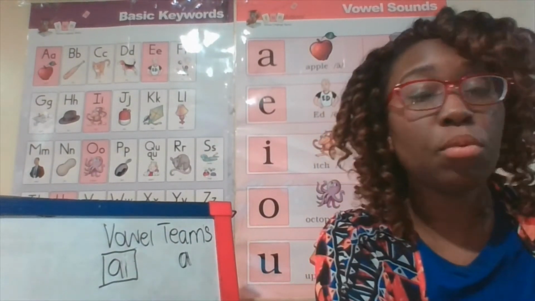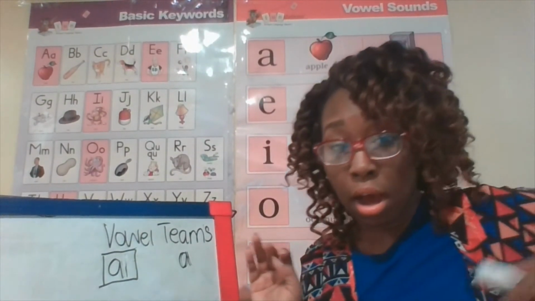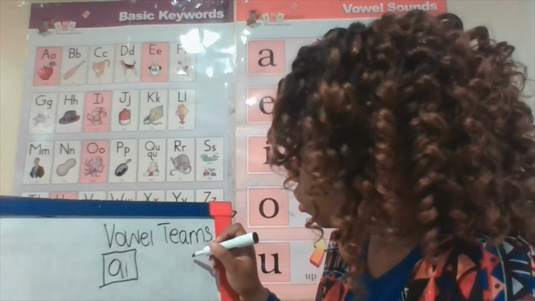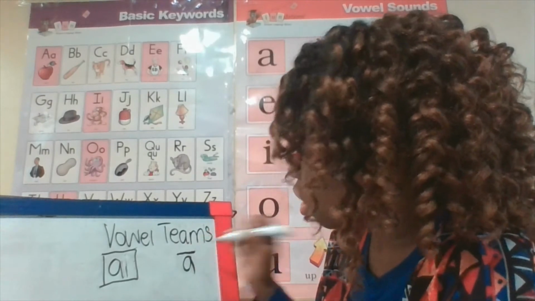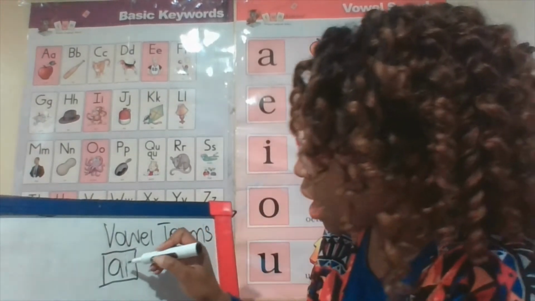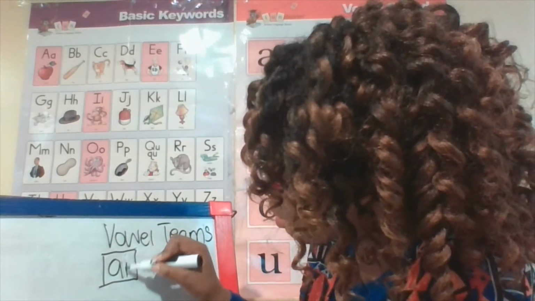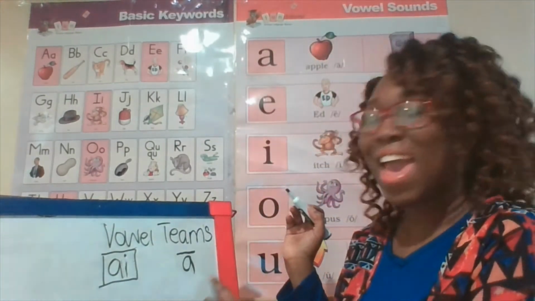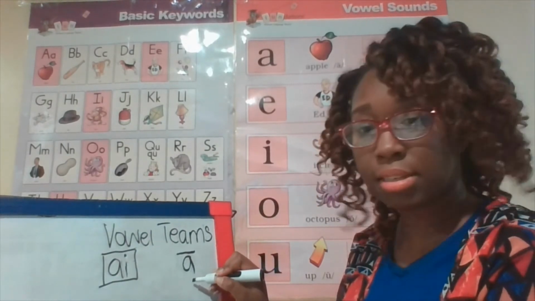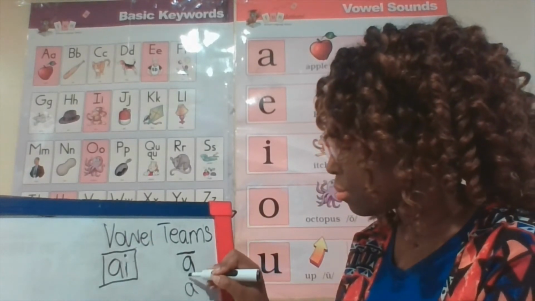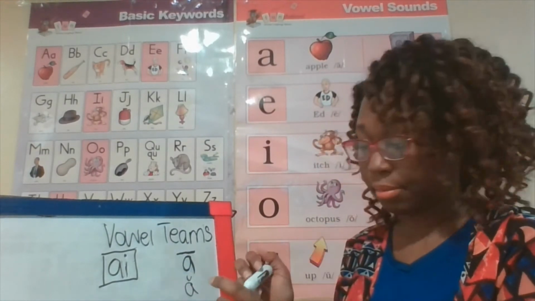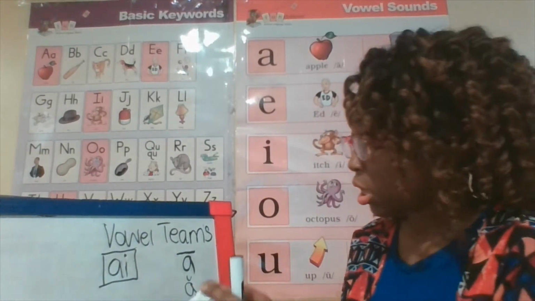And the symbol that we use to show a long A is we use an A and we put a long line on top like that. So that means an A and an I together makes the long A. So an A and an I together, it does not make this. And that's the short A, like ah. Okay?